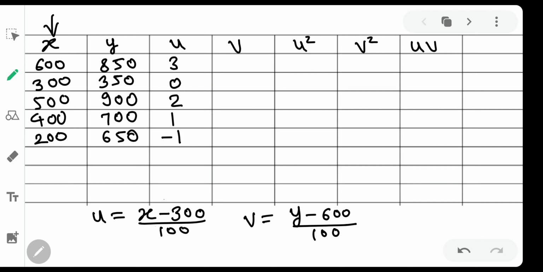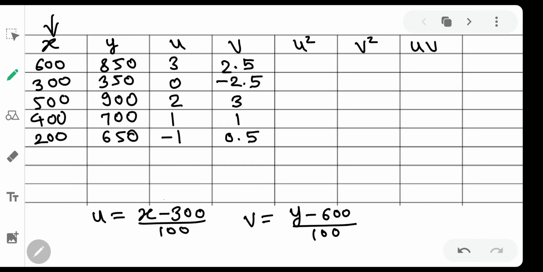So first of all, 850 minus 600 is 250, and 250 by 100 is 2.5. 350 minus 600 is minus 250, and minus 250 by 100 is minus 2.5. 900 minus 600 is 300, and 300 by 100 is 3. 700 minus 600 is 100, and 100 by 100 is 1. 650 minus 600 is 50, and 50 by 100 is 0.5.